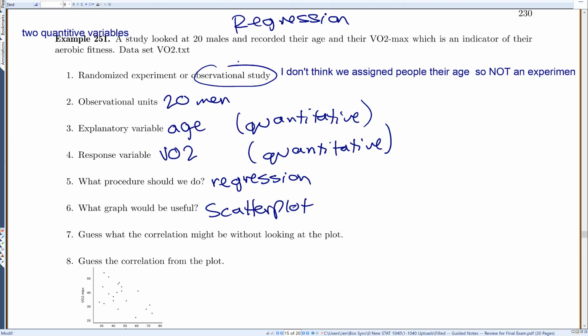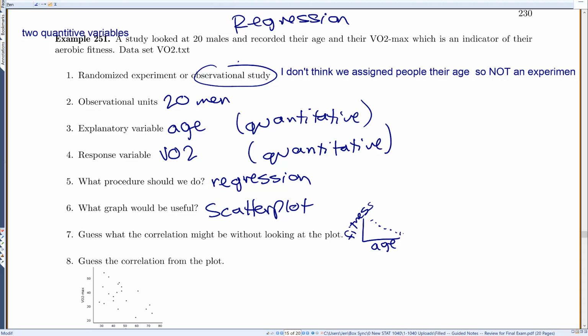Now, without actually looking at the scatter plot, I want you to guess what you think the correlation would be. It's supposed to be measuring their aerobic fitness. I would bet that when you're young, fitness goes up, but if we're only looking at adult men, as you get old it should probably be going down.